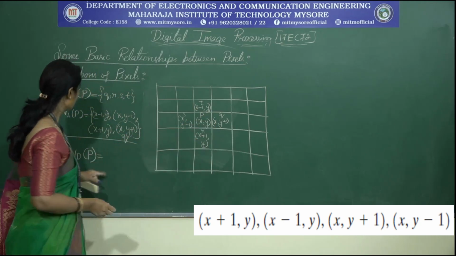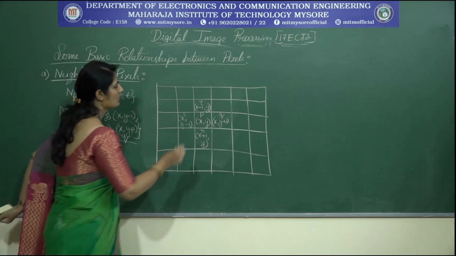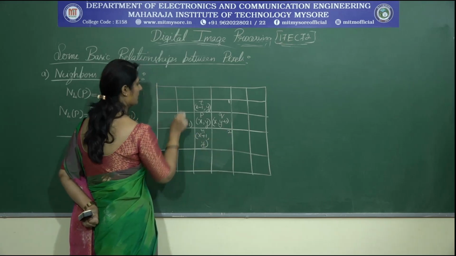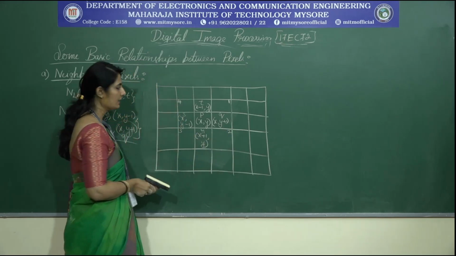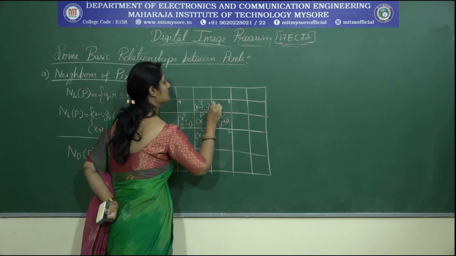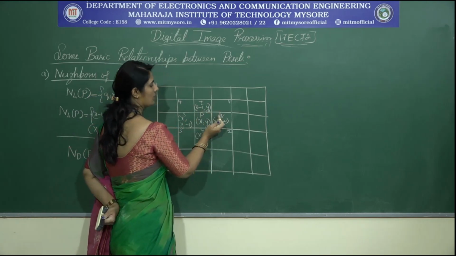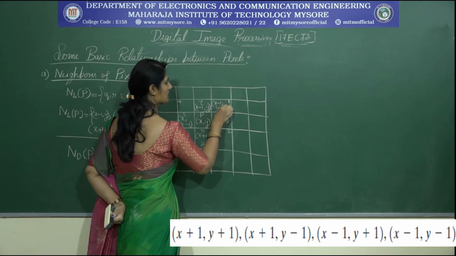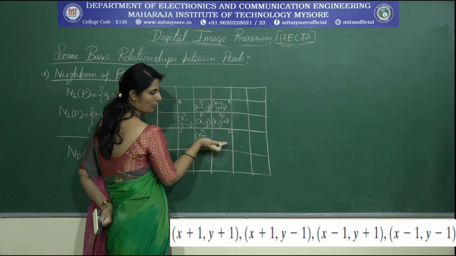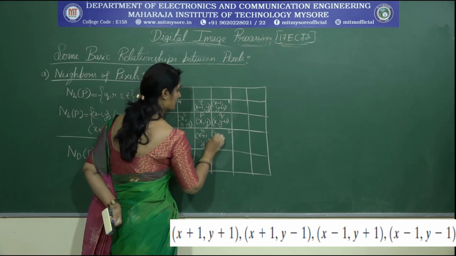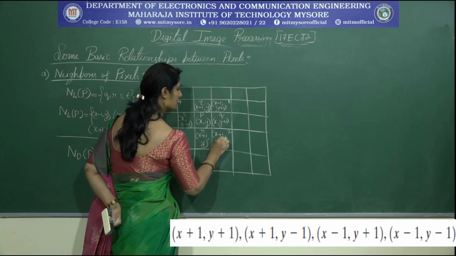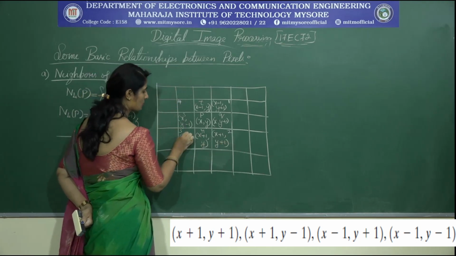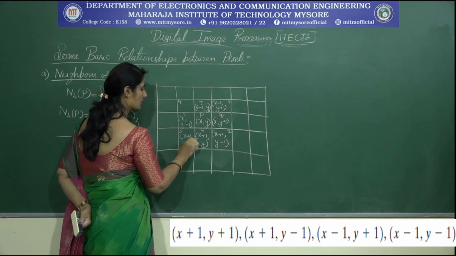Now let me consider the diagonal neighbors of P, labeled 1, 2, 3, 4. Their coordinate values are: next column, previous row, so x minus 1, y plus 1; next row, next column, x plus 1, y plus 1; previous column, next row; and previous row, previous column.